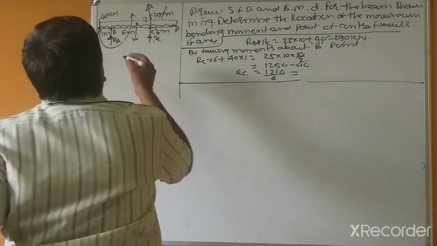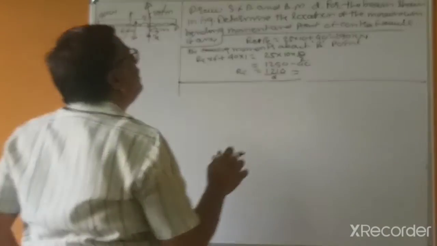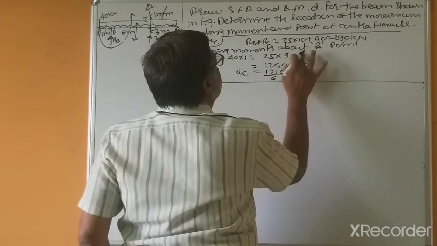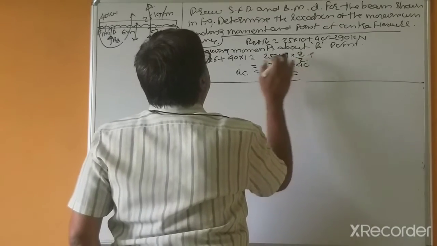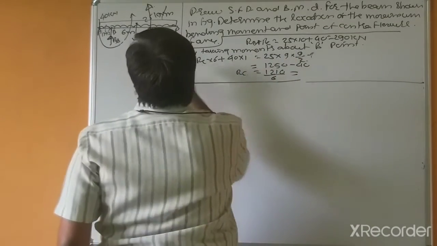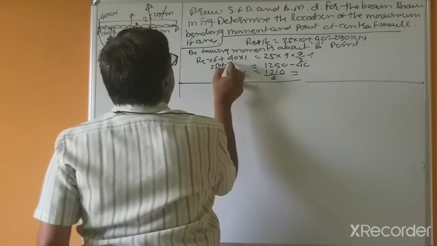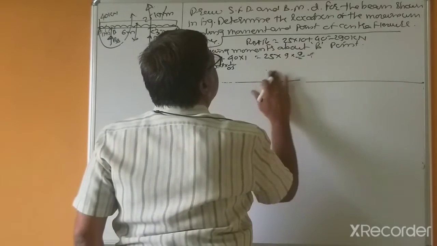Because we are calculating these moments, this is clockwise and this is anti-clockwise. So instead of this, here this is 9 by 2, and here actually this is 25 into 1 multiplied by 1 divided by 0.5. This is correct.